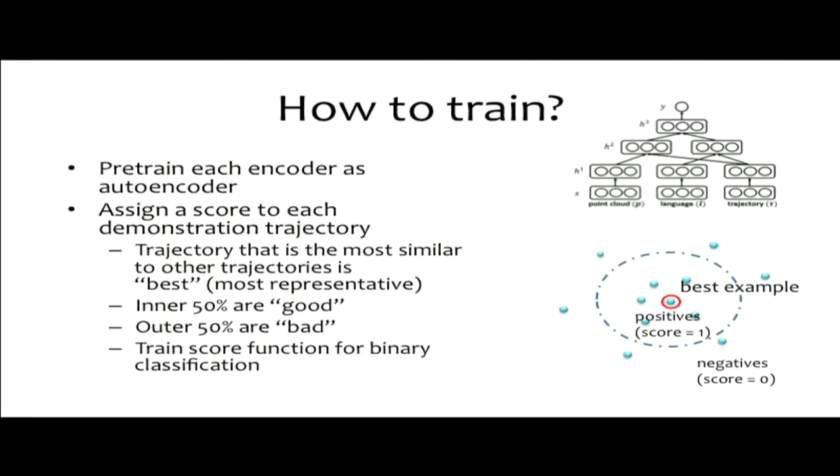So through their interface they collected multiple trajectories for each point cloud and each natural language instruction, and they said that the ones that are most like each other are the best ones, the ones that a lot of people provided, and the ones that are least like those are negatives. And so they then train their network as a binary classification problem between good and bad.